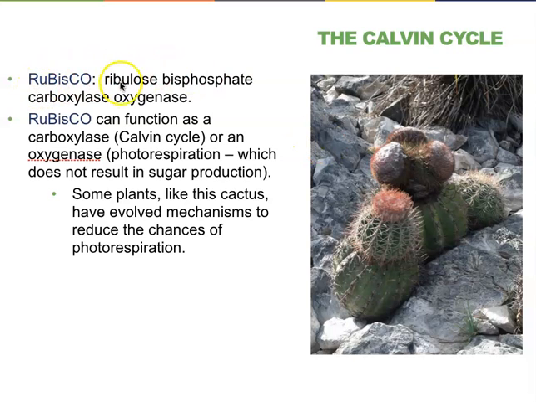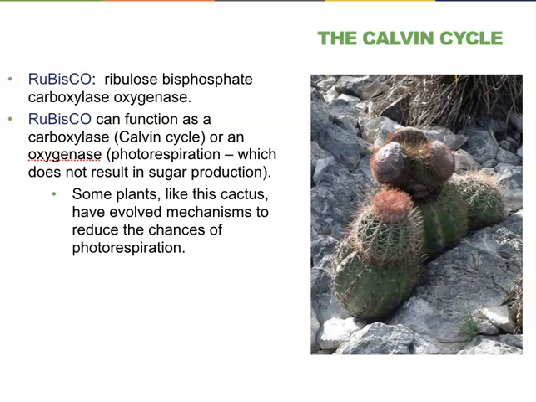And what it's using, of course, is ribulose bisphosphate carboxylase oxygenase. Rubisco is what this is. Rubisco can function as a carboxylase or an oxygenase, where photorespiration does not result in sugar production. So what they do is reduce the chances of photorespiration, and in doing so, they ensure that the product they make is going to be helpful to them.